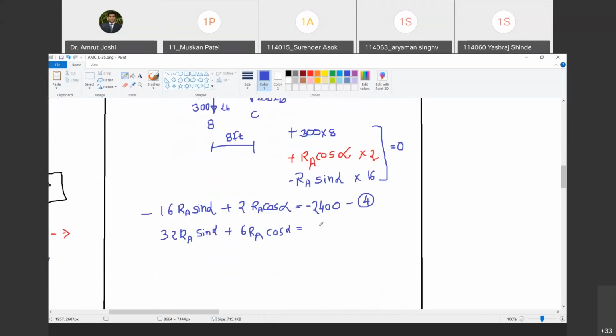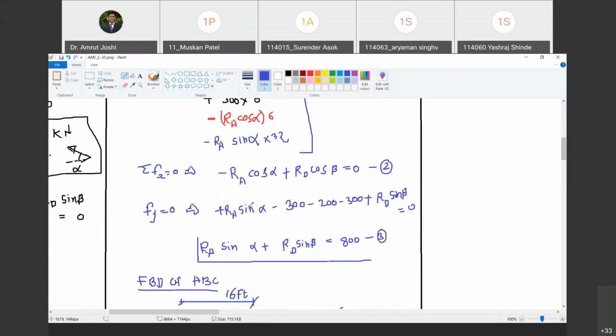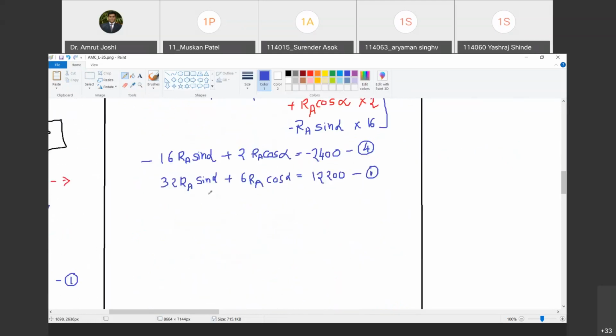So this is equal to 12,200. Are you with me? This I will call equation number 1, written in the modified form. Sir, it is 12,800. Okay, no problem. 12,800.